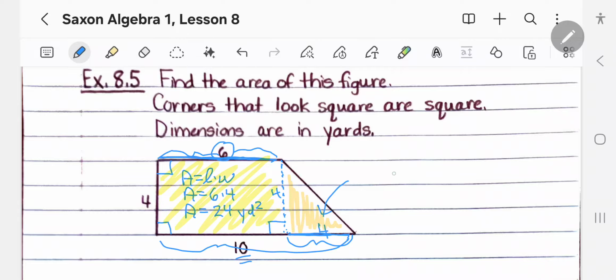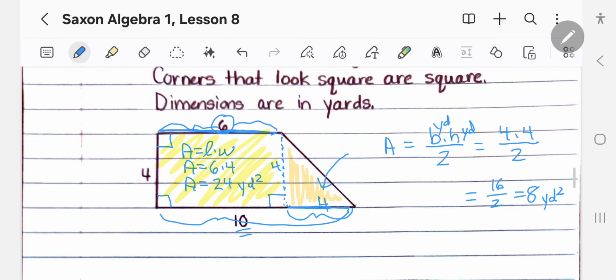So the area of the triangle would be base times height divided by 2. So that's going to be the base is 4 and the height is 4, and we're going to divide it by 2. 16 divided by 2 is 8. And again, these were in yards. Yards times yards would give me square yards.